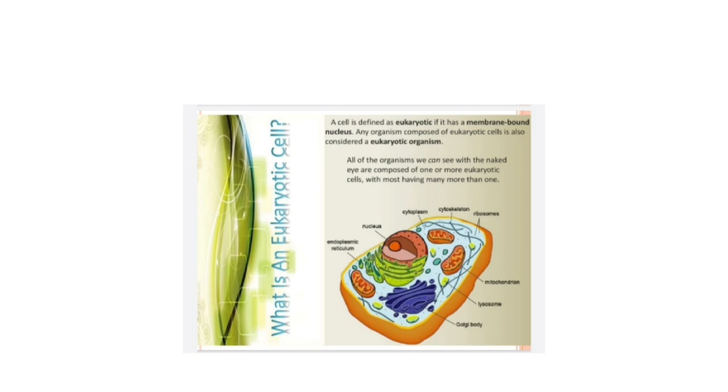A cell is defined as eukaryotic if it has a membrane-bound nucleus, and any organism composed of eukaryotic cells is also considered a eukaryotic organism. That is, the eukaryotic cell has a well-developed nucleus, membrane-bound organelles, and a complex structure.